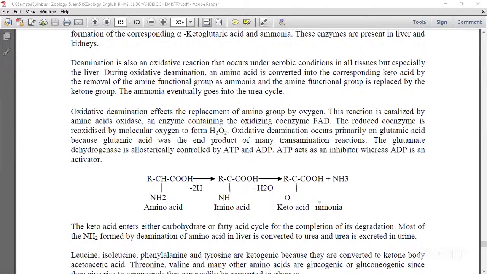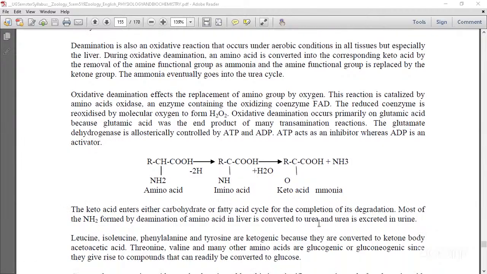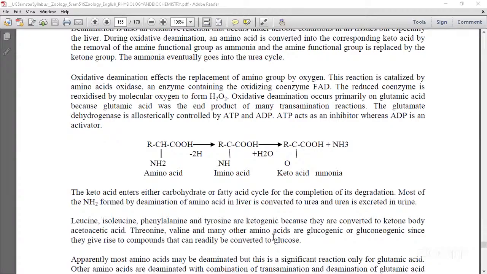The keto acid produced from this reaction enters either the carbohydrate or the fatty acid cycle for the completion of its degradation. Furthermore, ammonia formed by the deamination of amino acids in the liver is converted into urea, and that urea is excreted through the urine.